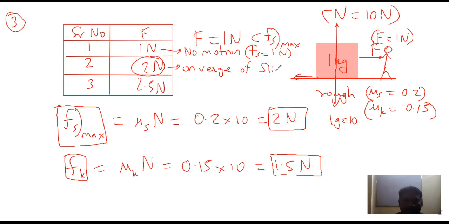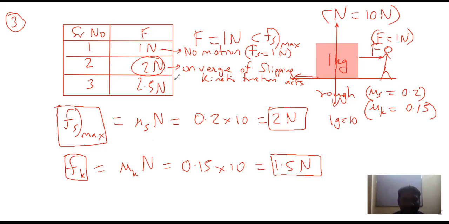It will just slip, and in that case, kinetic friction will start acting. So when we apply a force of 2 Newton, kinetic friction acts and the body just moves.